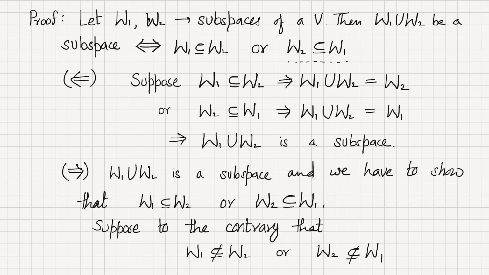So it means we will have at least one element in W1 which is not in W2, and at least one element in W2 which is not in W1.